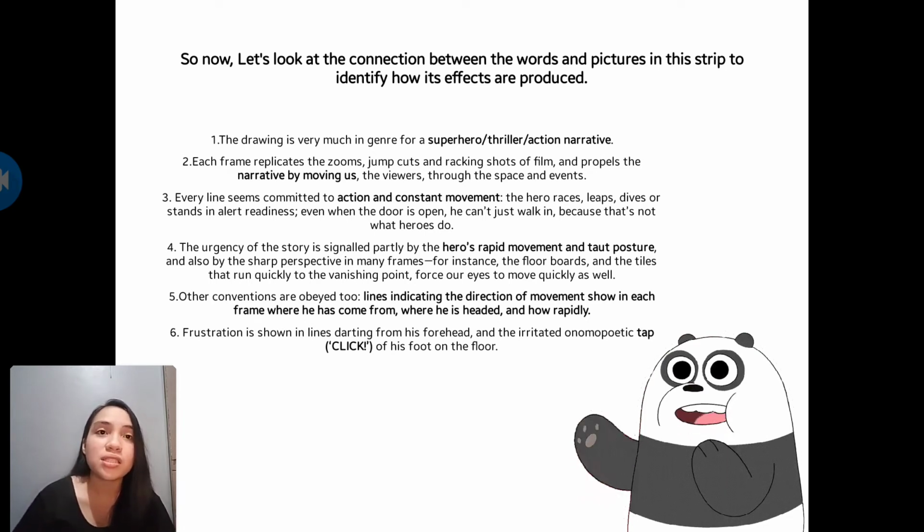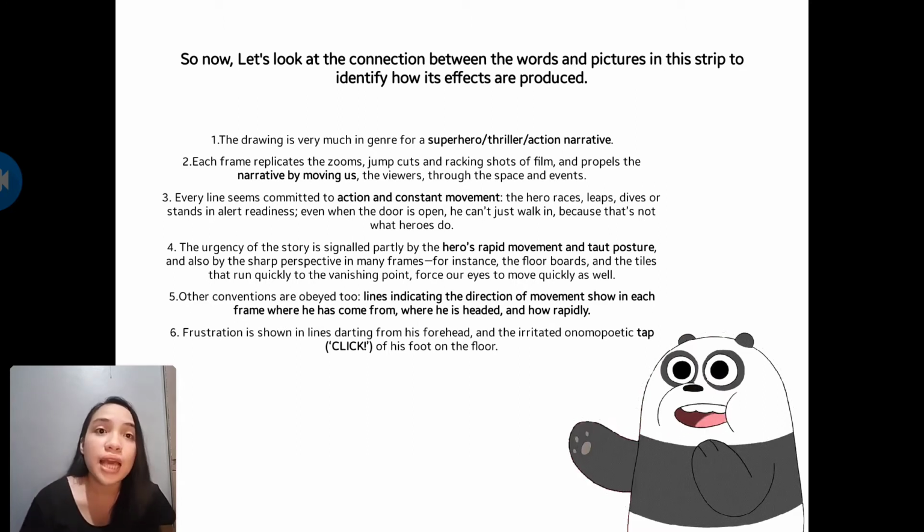So now let's look at the connection between the words and the pictures in this strip to identify how its effects are produced. We are going to look at the impact of the pictures on the text, or how the pictures convey or narrate the story in the comic strip.